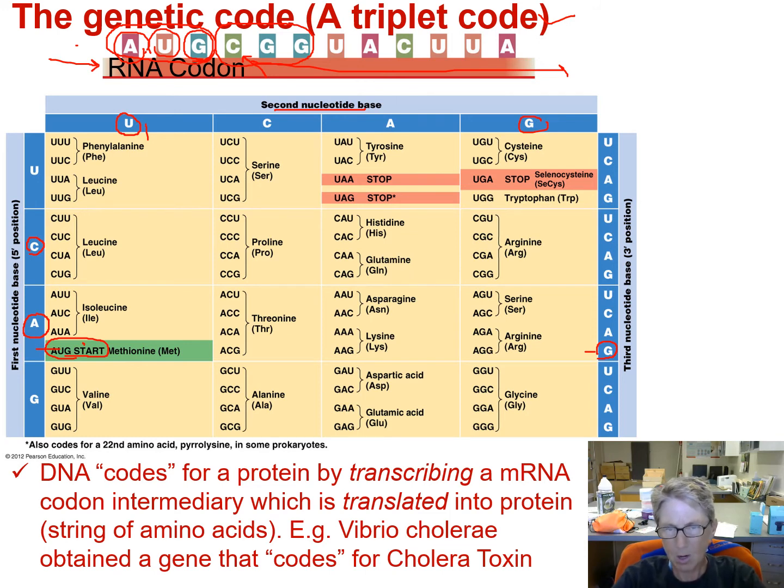You come over here, find CGG, and that codes for the amino acid arginine. So at this triplet code, when you're out on the ribosome, you will put an amino acid called arginine that would correspond to this CGG triplet code.